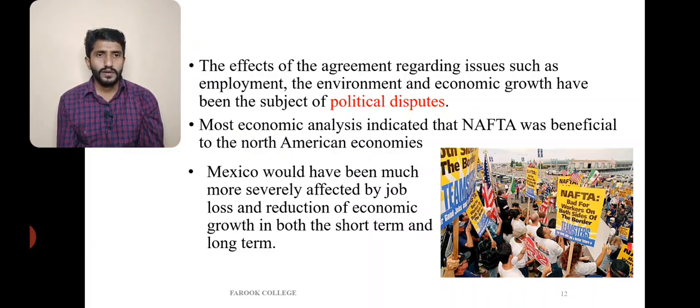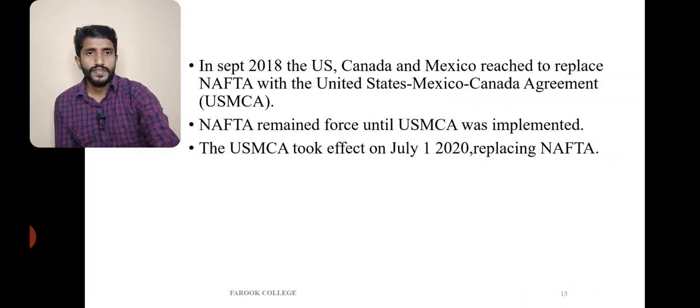Most economic analyses indicated that NAFTA was beneficial to the North American economies, not to Canada, and it was bad for Mexico. Mexico would have been much more severely affected by job loss and reduction of economic growth in both the short term and long term. That's why there were huge protests in Mexico regarding NAFTA.